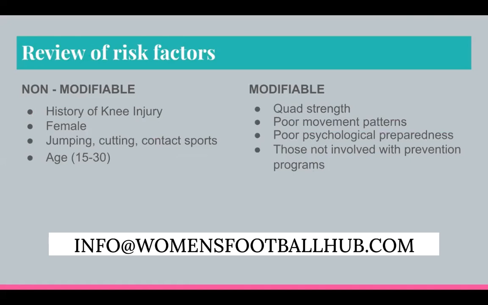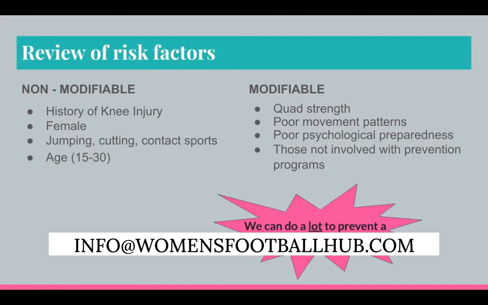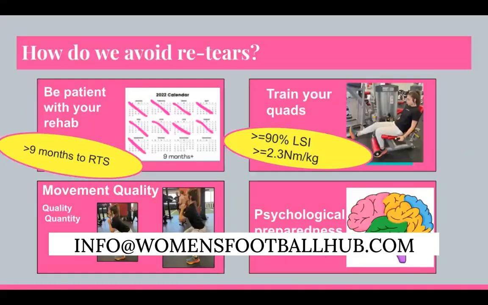Quad strength, poor movement patterns, poor psychological preparedness, and those not involved with prevention programs. So the good thing here is that we can do a lot to prevent a second injury. All 4 of these bullet points are things that we talked about, things that you can implement, and things that you will continue doing after you're done PT, after you're done your sport, and throughout the rest of your life.